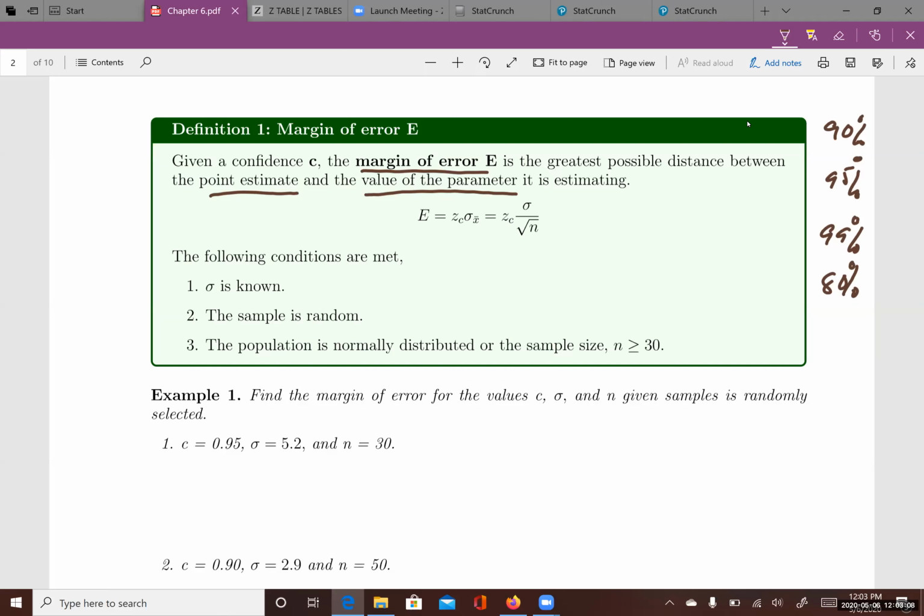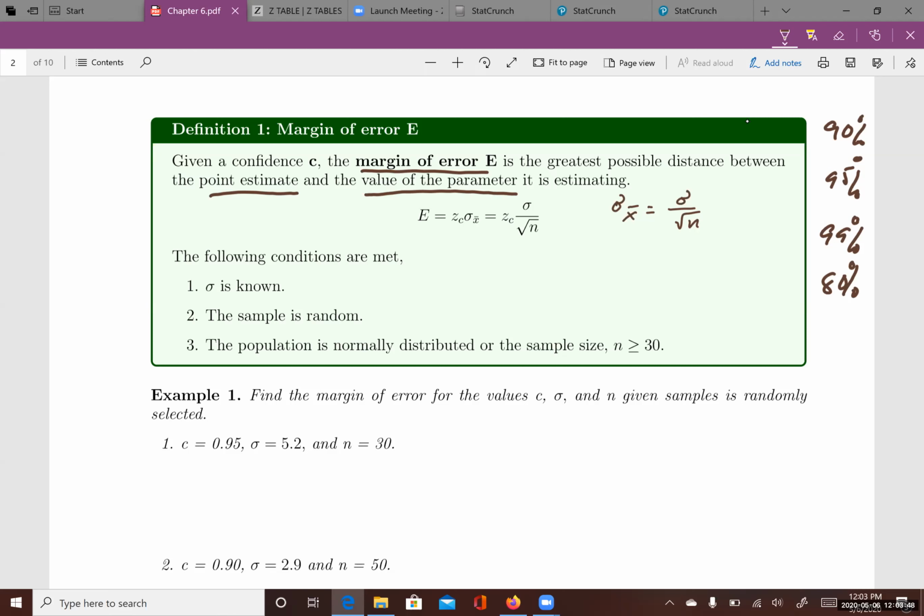Okay, and it's equal to ZC times sigma divided by square root n, because of the relation between the standard deviation of the sampling distribution and the standard deviation of the population, as we learned in chapter 5, when we talked about sampling distributions. When your sampling distribution is normally distributed, this is the relation between the sampling distribution's standard deviation and the population standard deviation.